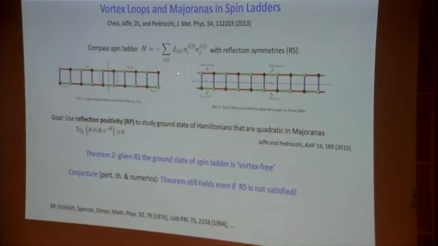So then we discussed this also with Arthur, whether it would be possible to prove what the ground state looks like. And Arthur came up then with this very nice idea of using reflection symmetry and so-called reflection positivity.